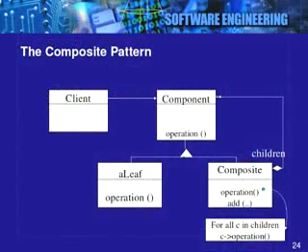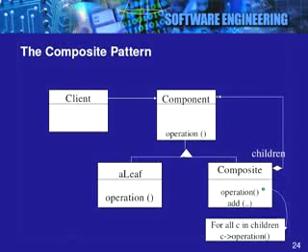You have a component here, then you have composite, and you have leaves, a leaf. You could have many such leaves. A composite is also a component, but a composite has its parts which are also components.